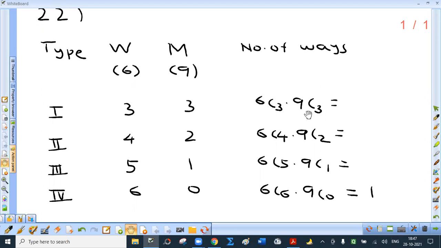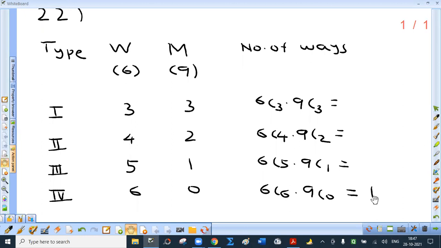Many students think that these 2 values are to be multiplied. No, when we say exactly 3 women, how can number of women be 4 in that case? Either this or this or this or this. So 4 women and 2 men, 5 women and a man, all the 6 women. So 6 women out of 6, one way. That's it. That is why I have directly written 1.